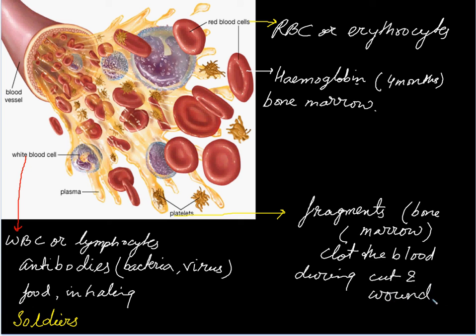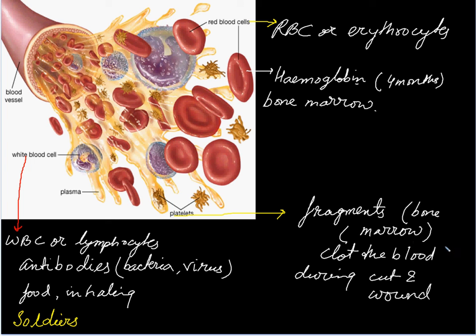Whenever there is a cut or a wound, the clotting of the blood takes place due to the presence of these tiny structures known as platelets. Clear? Now, this was about the various components present inside the blood.